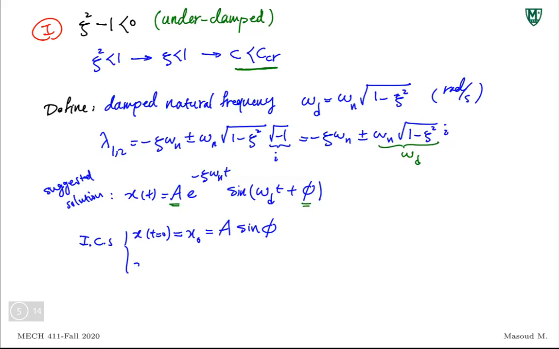Now, for initial velocity at t equals 0, I'm going to call that x naught dot. Take a derivative of this first. Actually, this is a long derivative, so let me do it here. Now, d dt, I'm going to take a derivative of the suggested solution, x of t. We have two components multiplied by each other, both functions of t.